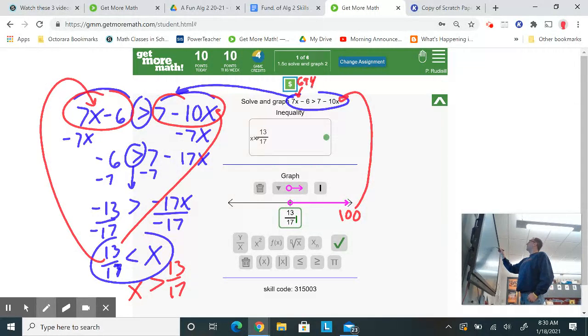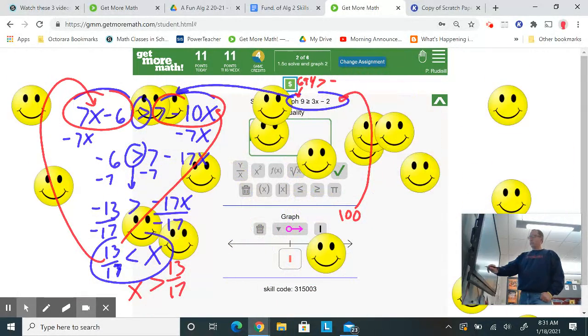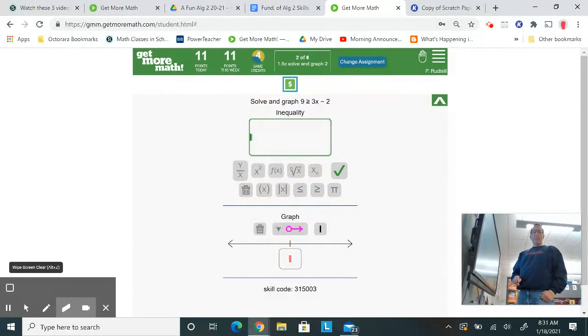That side has to be greater than 7 minus 10 times 100, which is 1,000. That would be negative something, and a positive is always greater than a negative. So I know I shaded it the right way. So again, a couple seconds of checking, I can just about guarantee I have it correct.